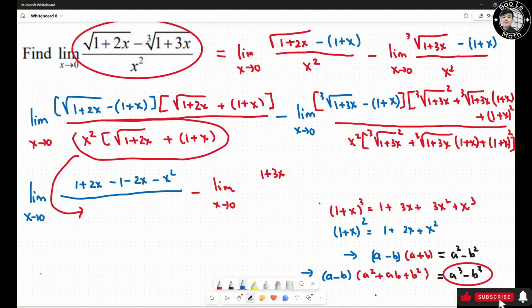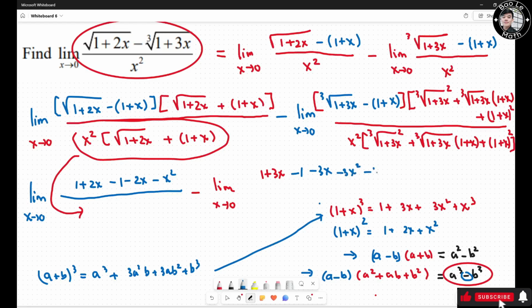I'm going to use the formula (a plus b) cubed equals a cubed plus 3a squared b plus 3ab squared plus b cubed to expand this one. And don't forget to distribute the negative sign. So this turns out to be -1, -3s, -3s squared, and -s cubed. Then the bottom, I just copy this one down over here.